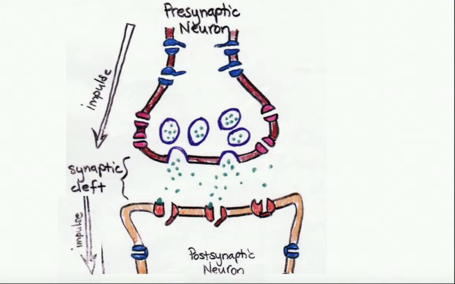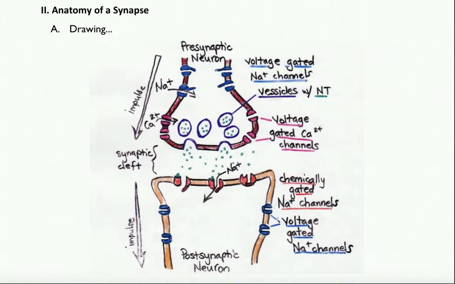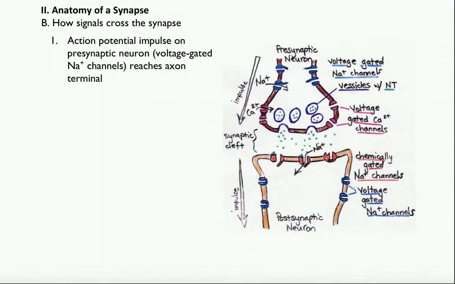All right, so these images are just less terrible versions of the pictures I just drew out, so it's a little bit clearer. What we're going to do is write out the steps that we just covered, in a way that you have it all nicely written out. So how do the signals cross the synapse?